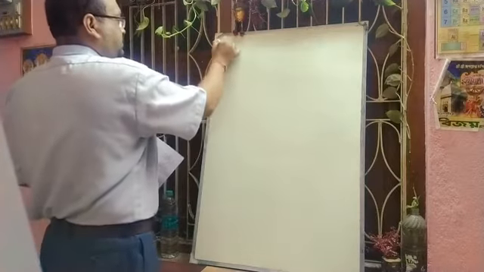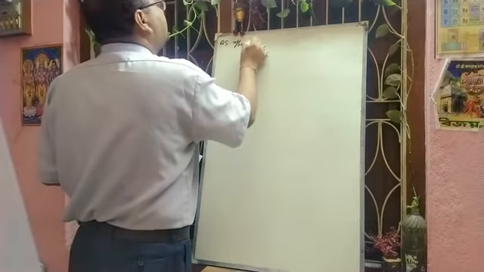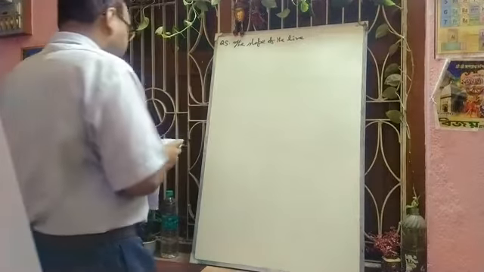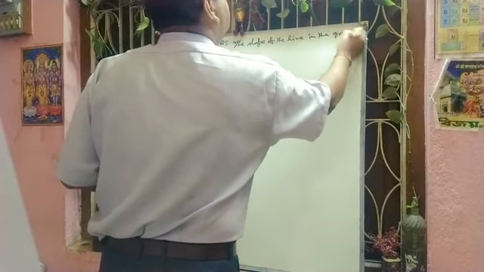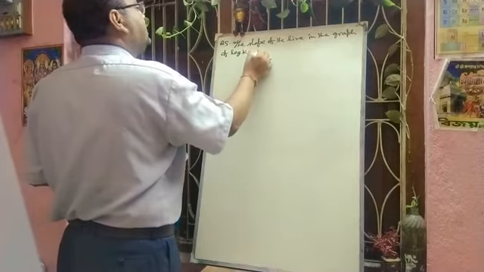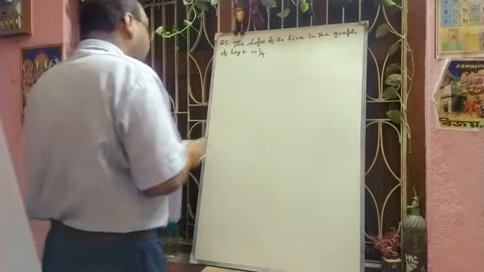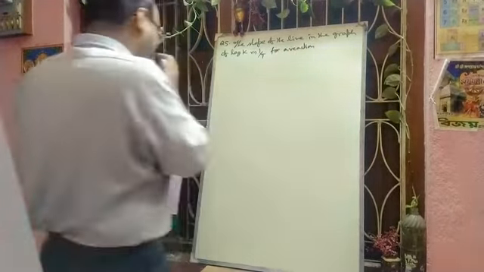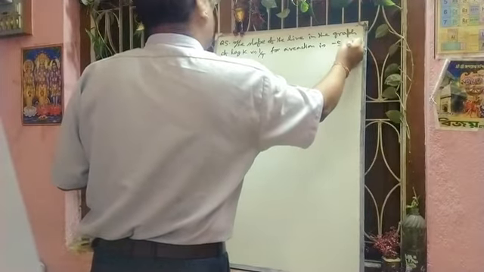Question number 5. The slope of the line in the graph of log k versus 1 by T for a reaction is minus 5841 Kelvin.